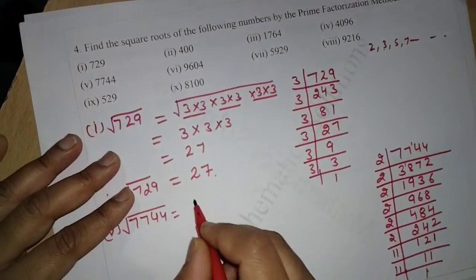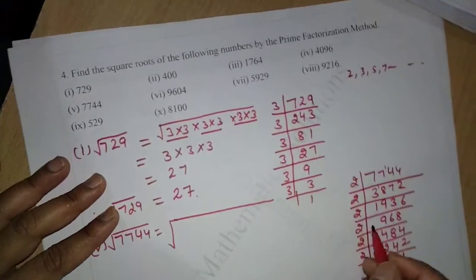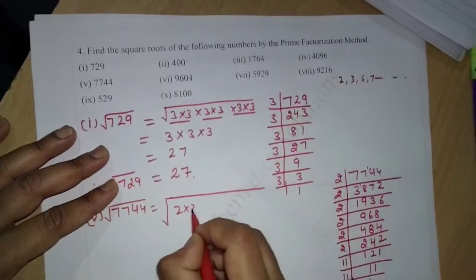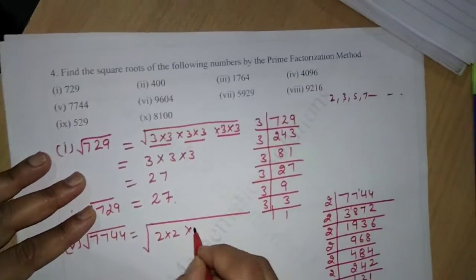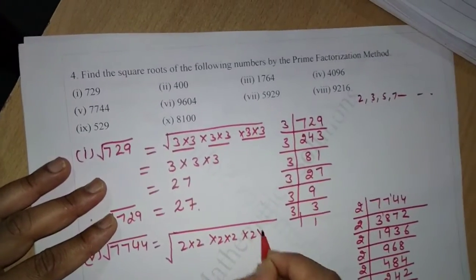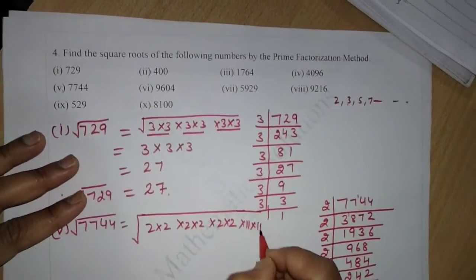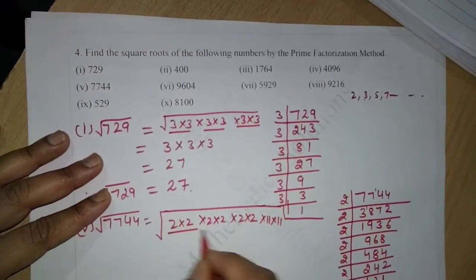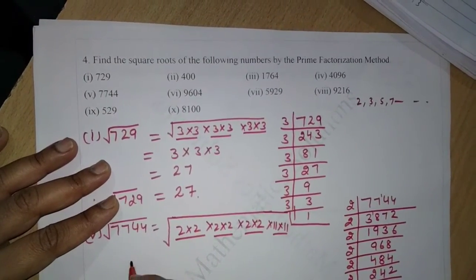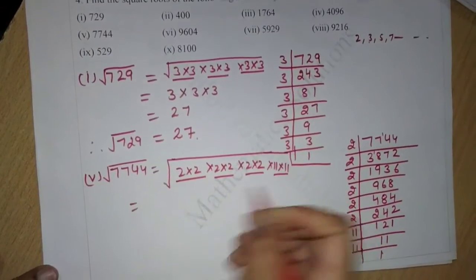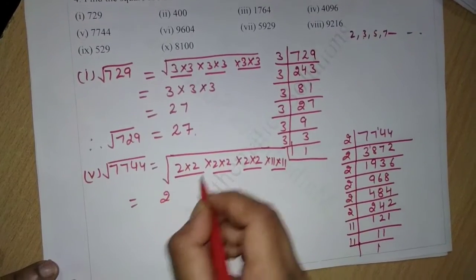Now write the prime factors of this number in their product form and pair them. Take one factor out of these pairs and find their product.